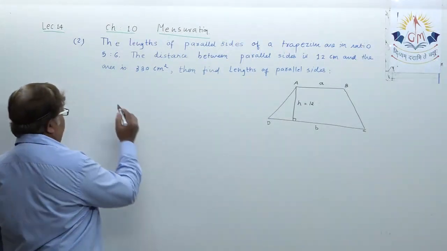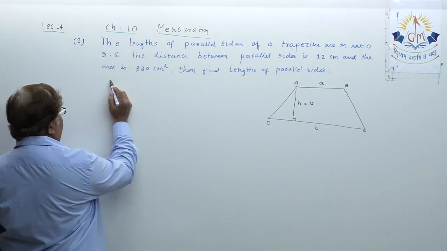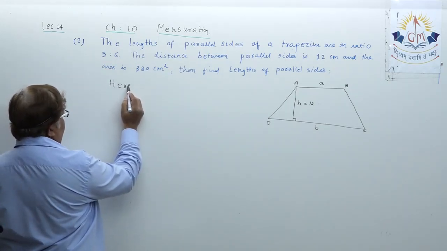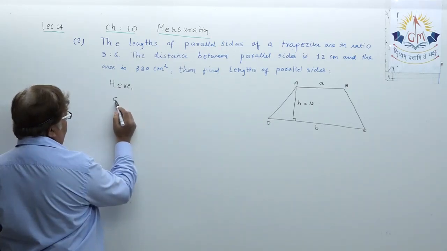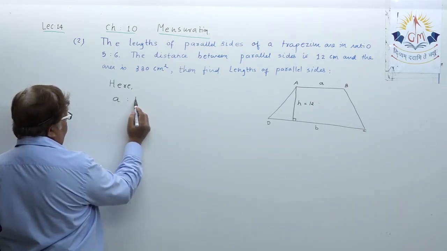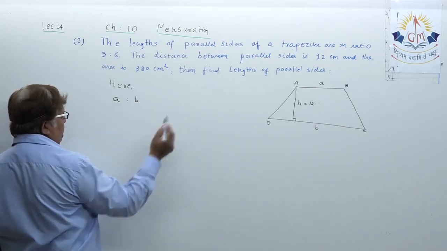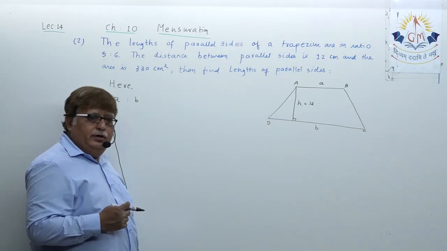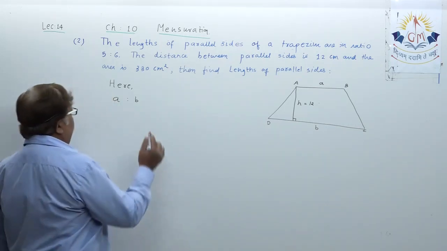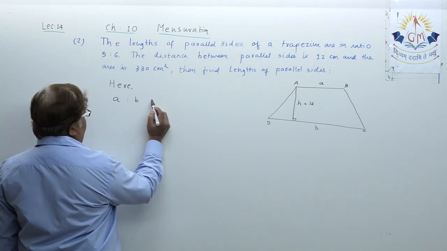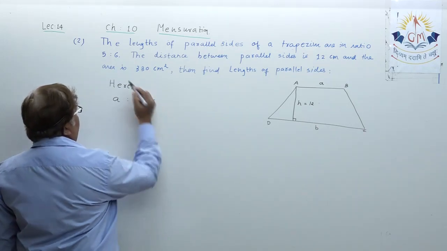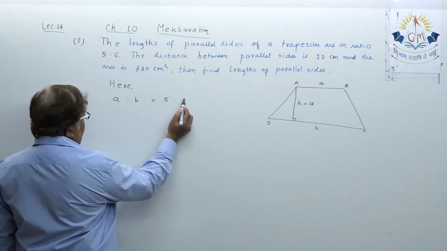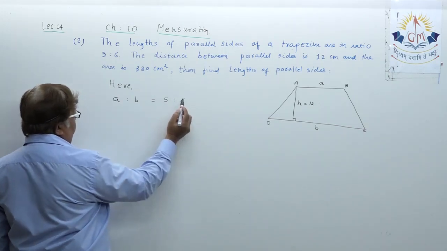Can we write it this way? a is to b equals what has been given to you, 5:6. Please concentrate.